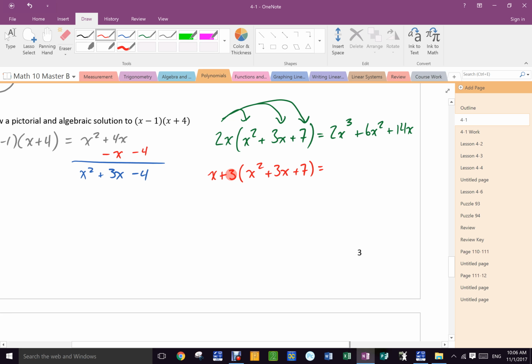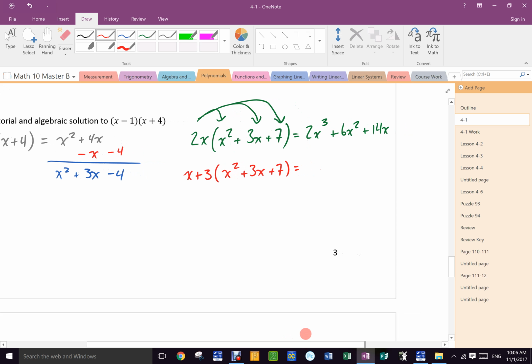Correct? So when I distribute that x, what do I get? X cubed plus 3x squared plus 7x. Does everybody see what I have done? Everyone's cool?